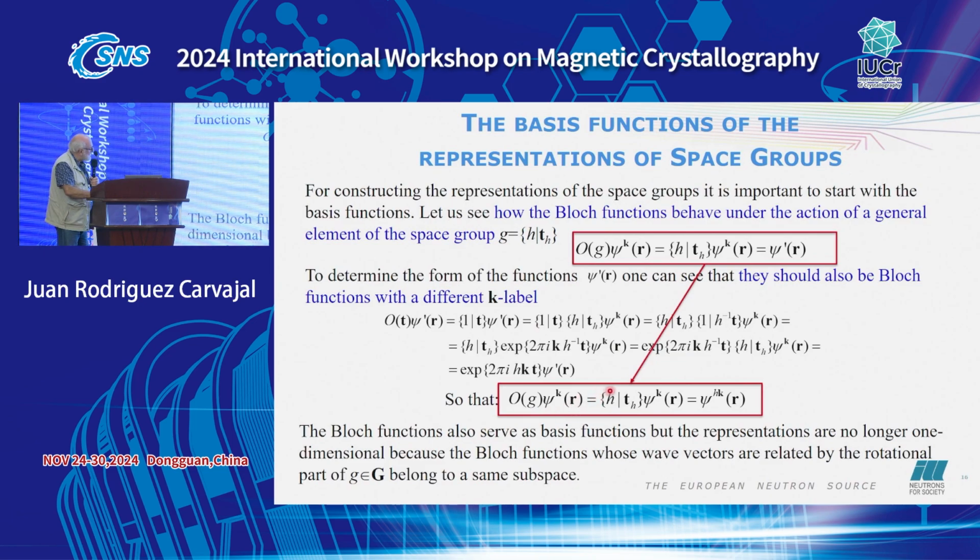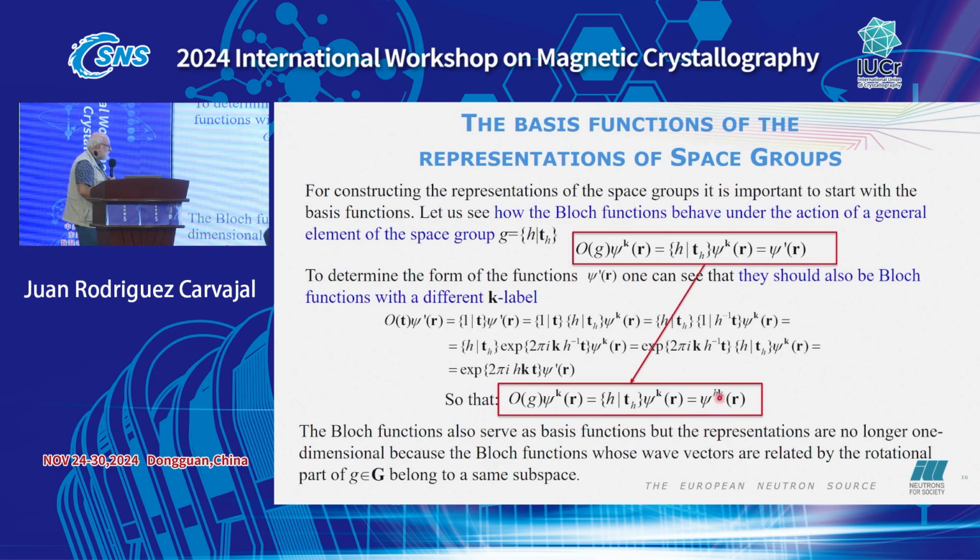I don't know why you see only one sign. It is an equal sign. That gives rise, these are also an equal sign. This is not minus. I don't know why it appears like that here, but well, it's the problem of the resolution of the screen. But the important thing is that you see here, you transform a Bloch function to another Bloch function with a different k-vector, in which the rotational part of the operator is acting on the k-vector.